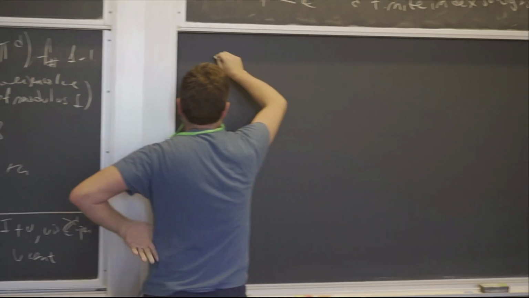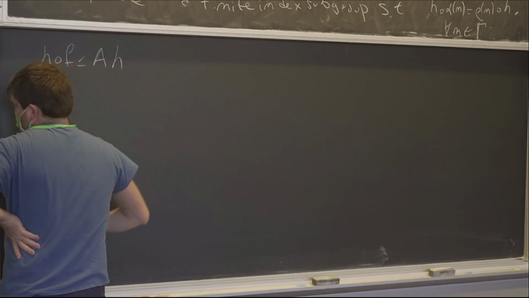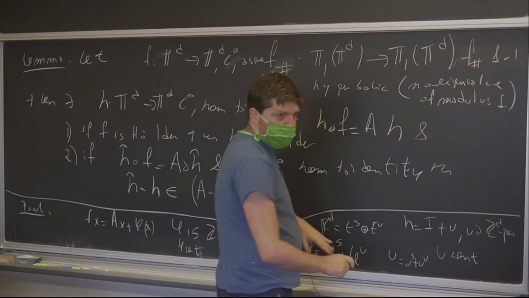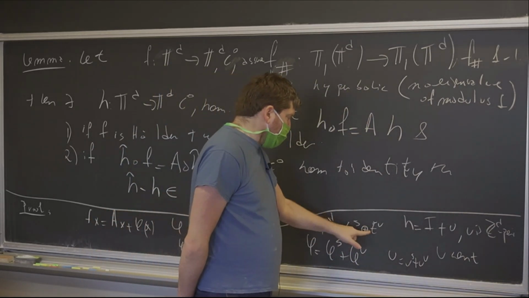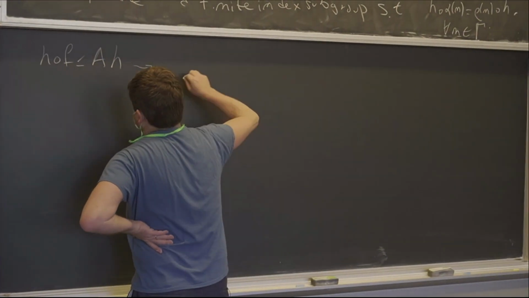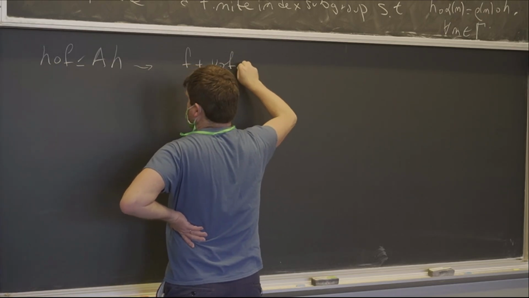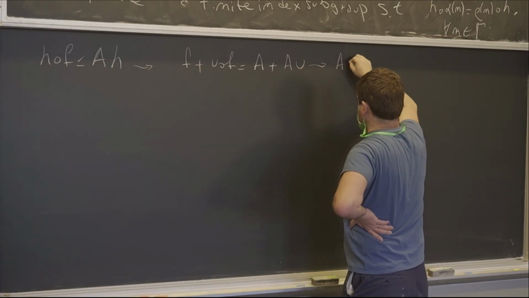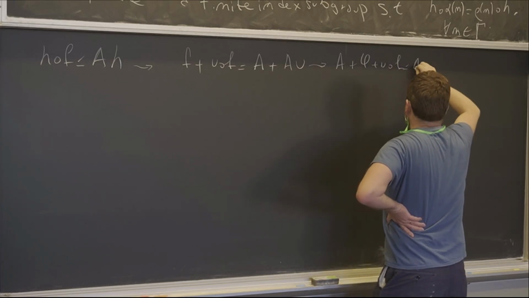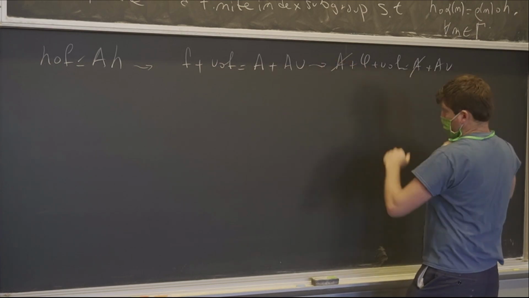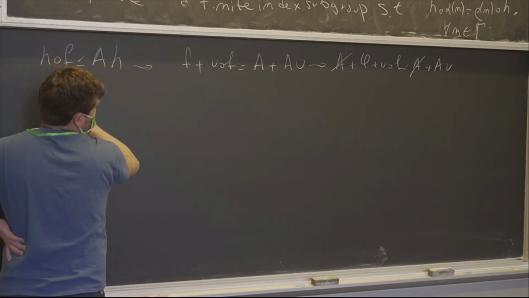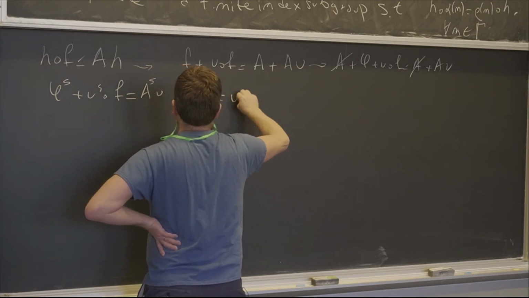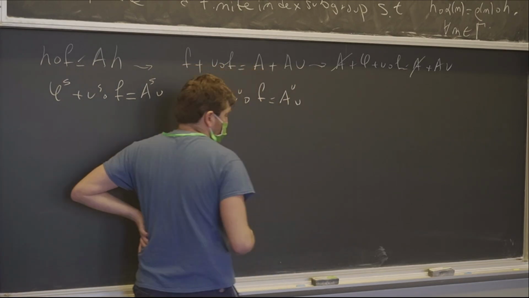Now we write the equation. The equation then is h composed f equals a h. We write phi as phi^s plus phi^u, and u as u^s plus u^u with respect to this splitting. And then this becomes (f plus u) composed f equals a plus au, which is a plus phi. You cancel this with this, and you split this equation into these two equations.